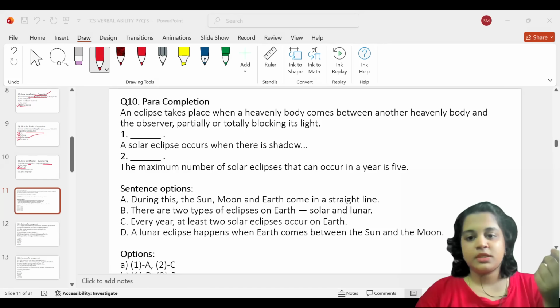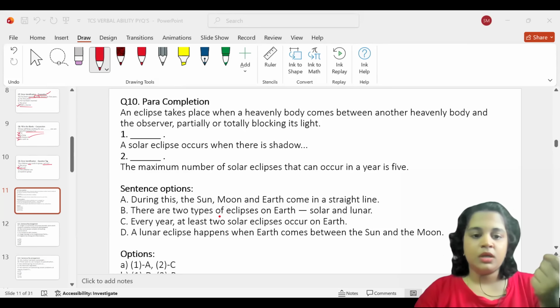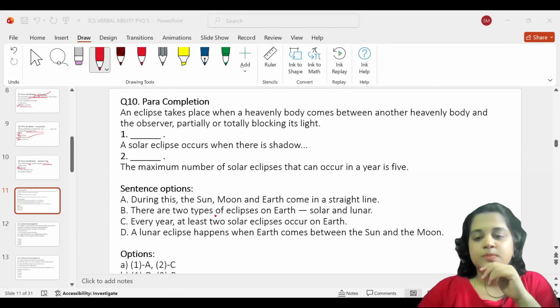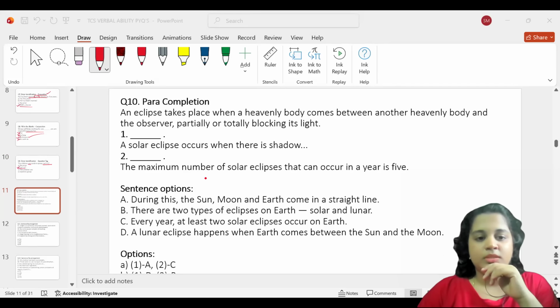There are two types of eclipses on Earth, solar and lunar. Yes, of course. Every year, at least two solar eclipses occur on Earth. This is not predictable. A lunar eclipse happens when Earth comes between the sun and the moon. Okay, so let us read the paragraph once again.